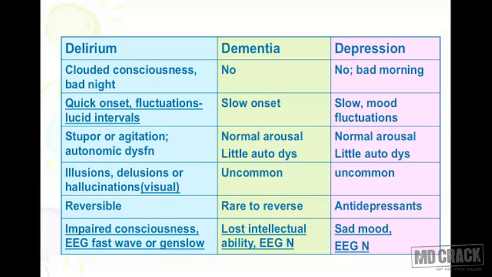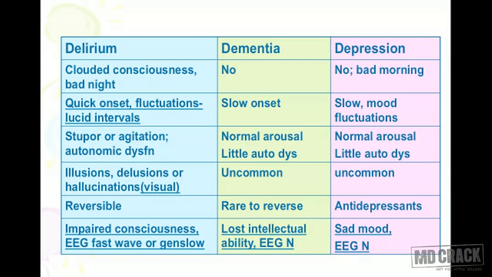Depression is definitely a reversible disorder and it's a fully treatable disorder with the antidepressant medications, and sometimes even without antidepressant medication, depression might resolve. So, under depression, I have written antidepressants, that will be the medical management. For dementia, we use the anticholinesterase agents, but still it's going to slow or halt the progression of the disease to some extent, but it's rare to reverse and delirium could be reversible.